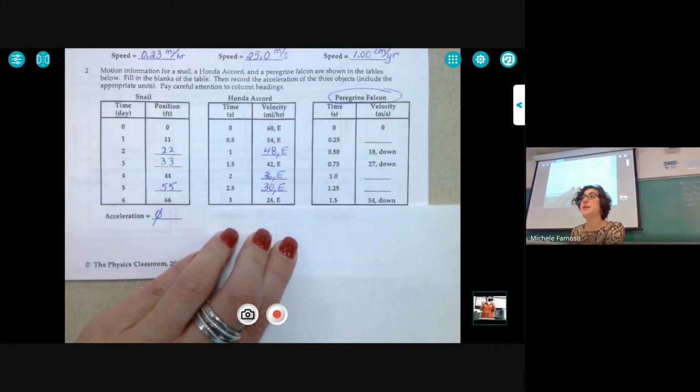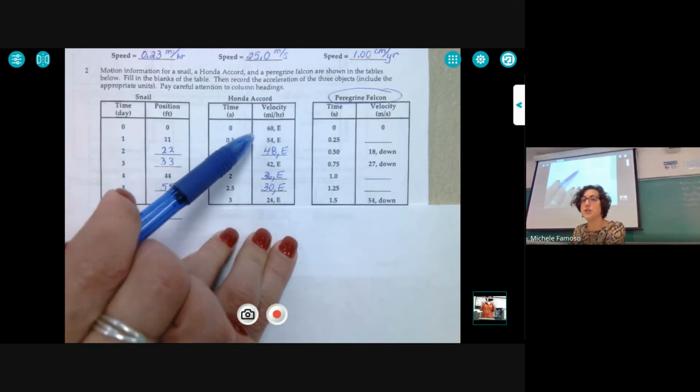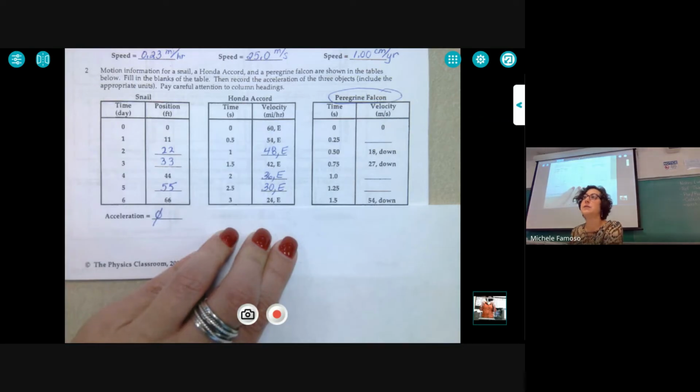This car is accelerating because the velocity in miles per hour is changing every second. How much is it changing by every second? Josh? Yes, it's changing by 12.